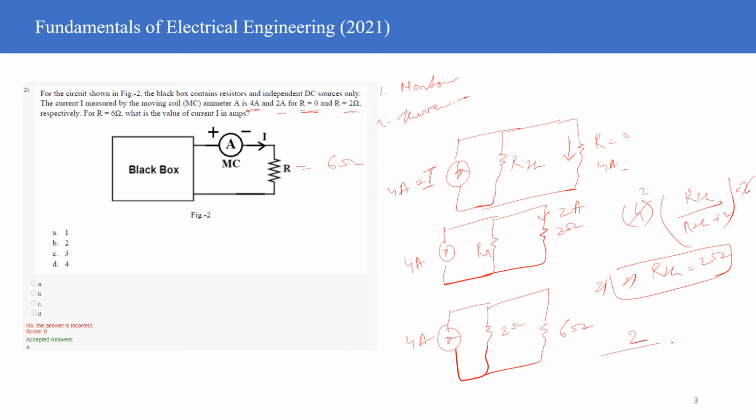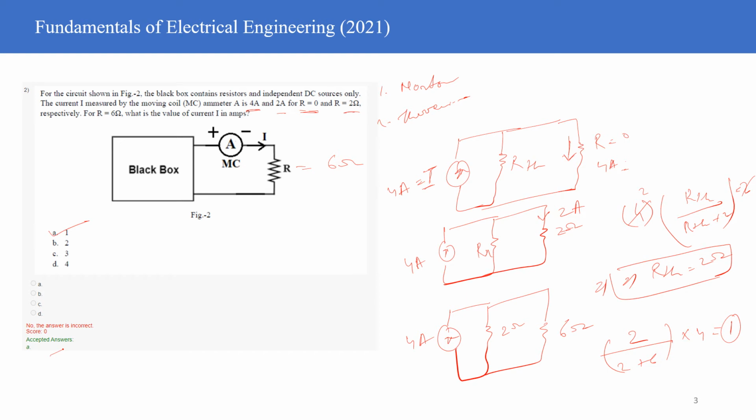It will be 2 divided by 2 plus 6, into 4. Now this is equal to what? Tell me. This is equal to 1, right? Yes, sir. So that will give you 1 as the correct answer. So this is via Norton's theorem.